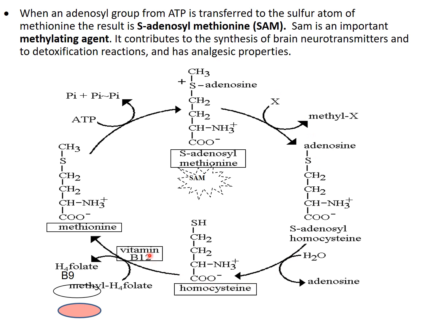With the help of vitamin B12 and folate, this homocysteine will go back to produce methionine. So if this cycle is working without a problem, we have the active methyl group, and then we go back to methionine. Let me talk about what happens when homocysteine is accumulating.